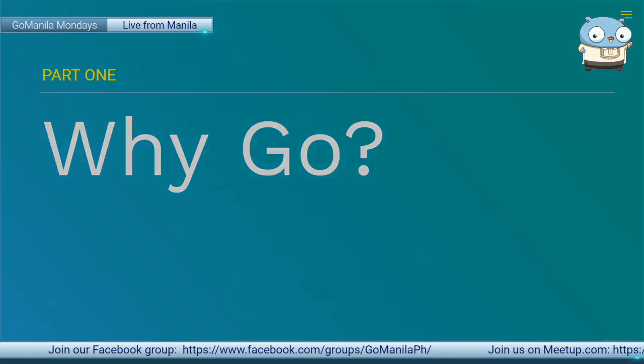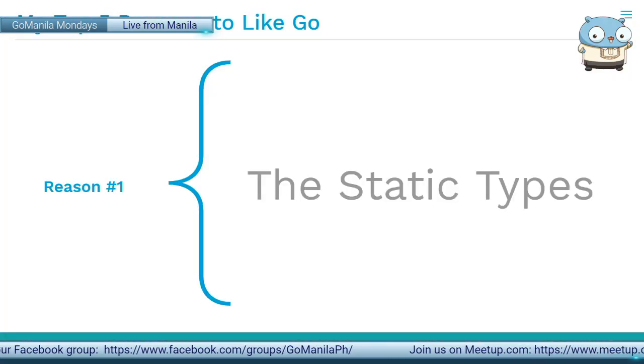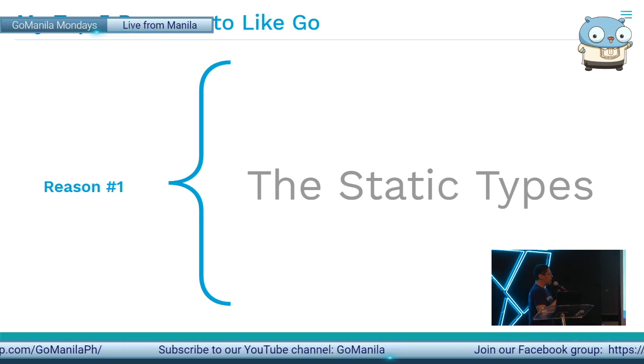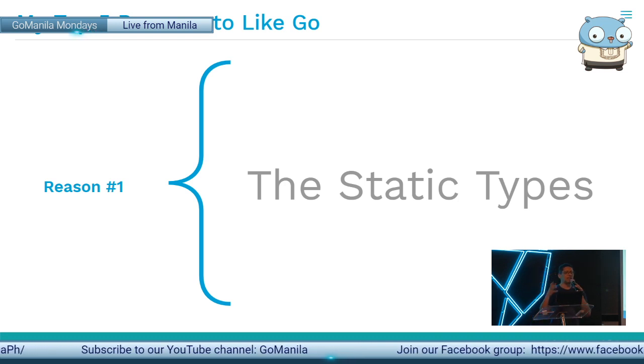So why Go? I did say that this talk was not going to be very technical, but I am going to talk about a couple of the features of Go that actually motivated me to select Go and to like Go. I actually love statically typed languages.